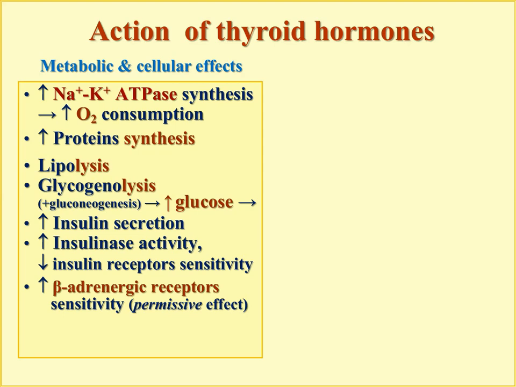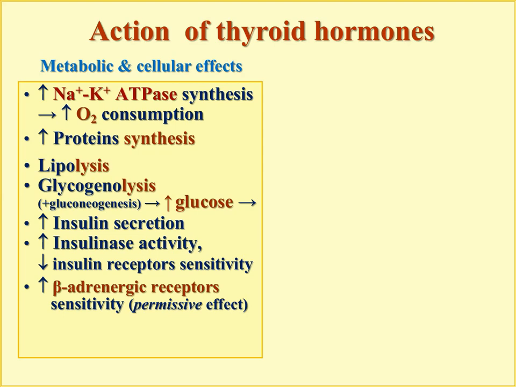And the presence of thyroid hormones is necessary to provide normal sensitivity of these receptors. So the hormones themselves do not bind to these receptors, but the presence of thyroid hormones in normal amount makes sensitivity of receptors normal, so that the response to catecholamines is normal.